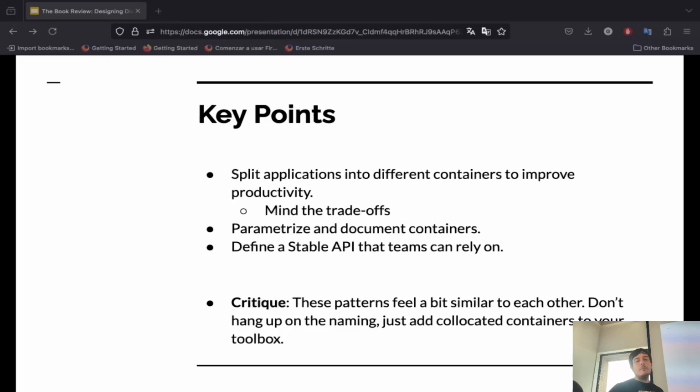So the key points in this section are that we can split containers, as I mentioned, into different containers to improve productivity. So we have different teams maintaining these library containers. But we have to mind the trade-offs. This is not something like, oh yeah, okay, everything should be a sidecar.